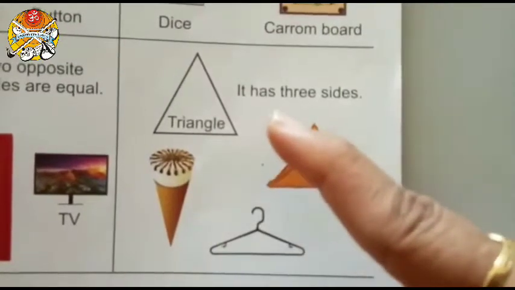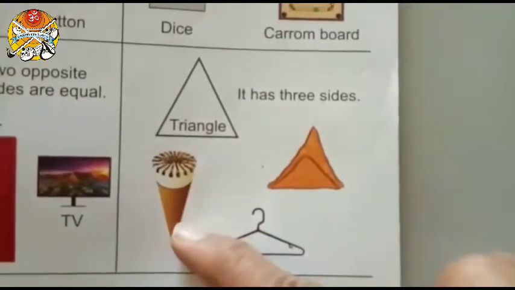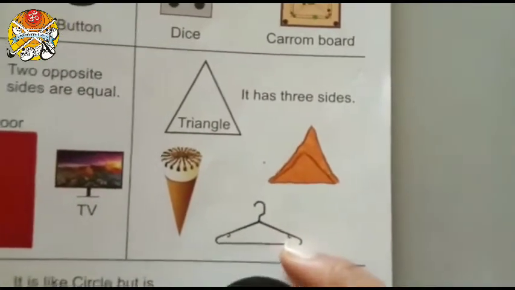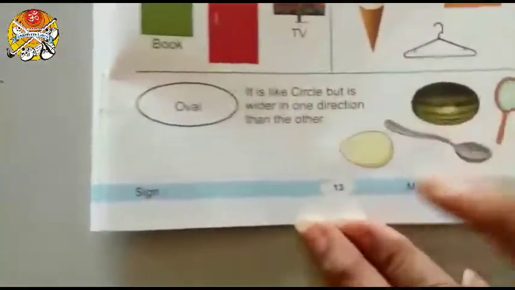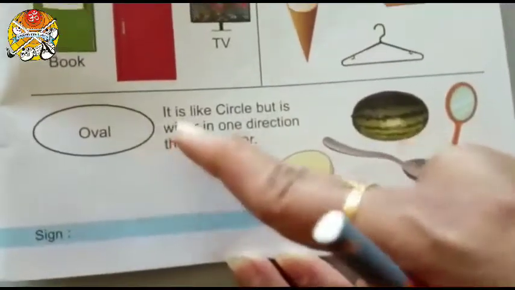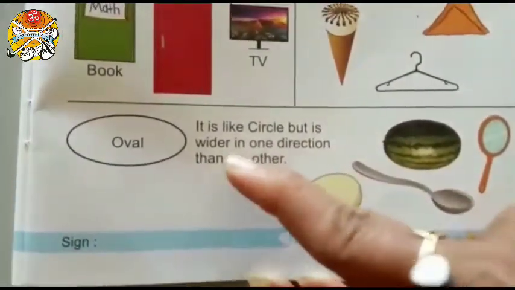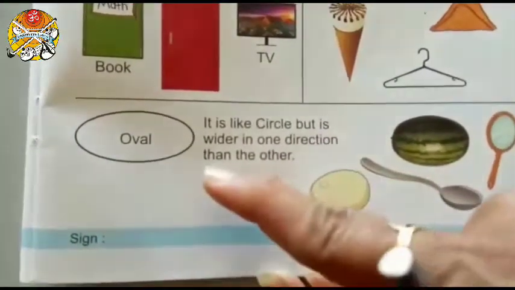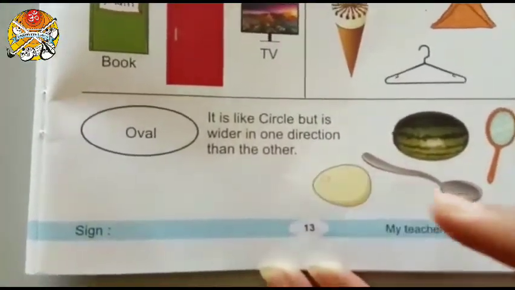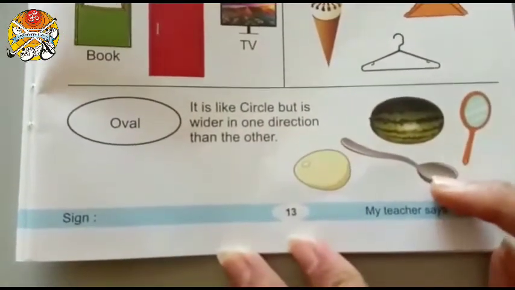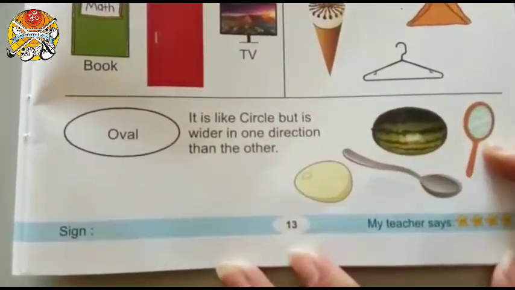The examples of triangle are ice cream cone, samosa, hanger. The next shape is oval. It is like circle but is wider in one direction than the other. The examples of oval are egg, spoon, watermelon, mirror.